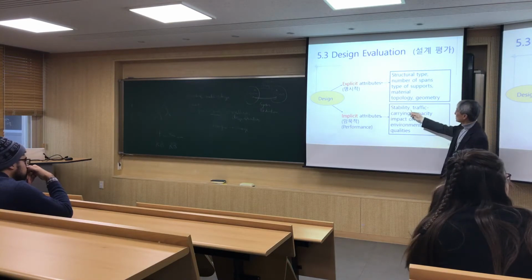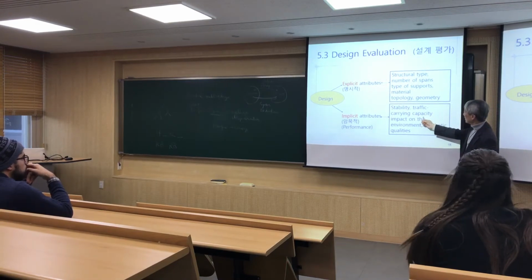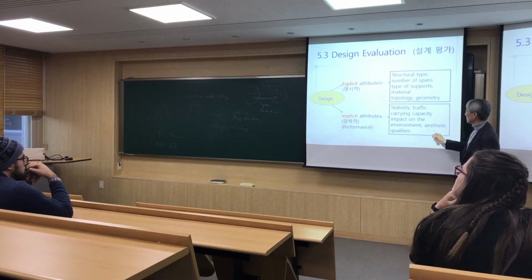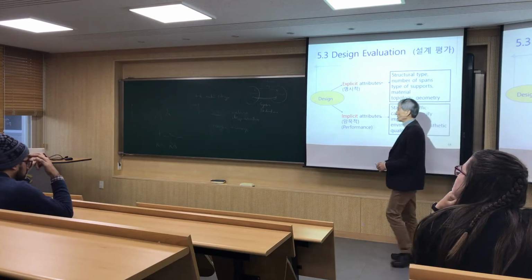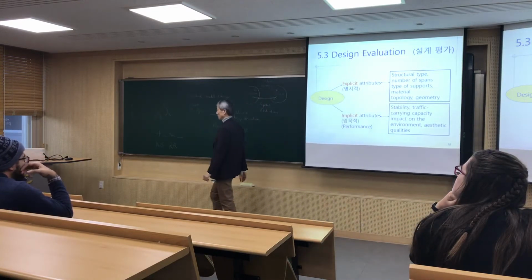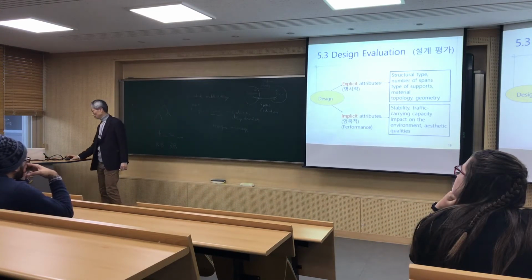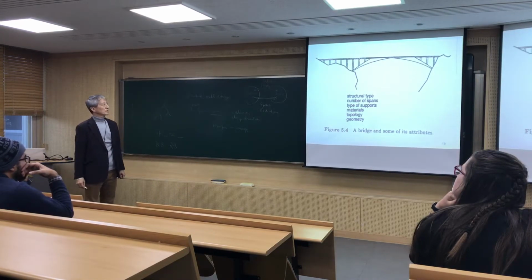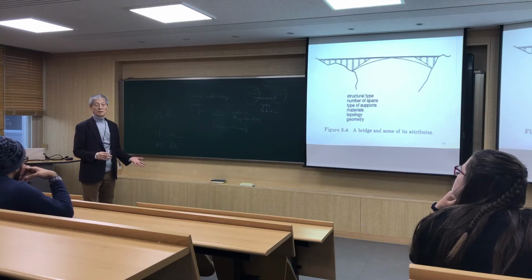Something like stability, traffic carrying capacity, impact on the environment, and aesthetic qualities. One example coming from this textbook is a bridge, like this one. So structural type, number of spans, type of support, materials, topology, and geometry are given on the drawing.